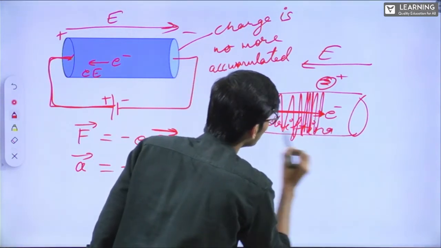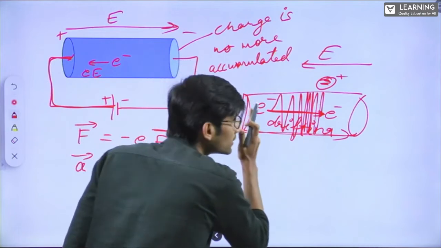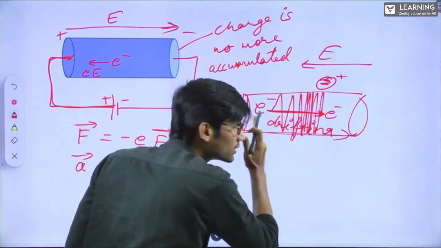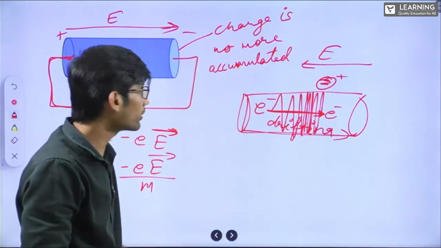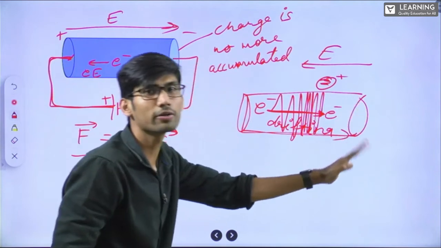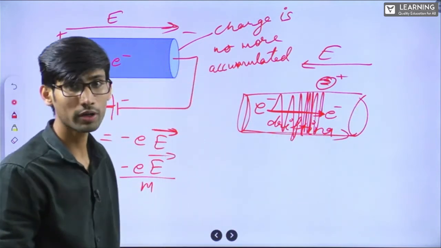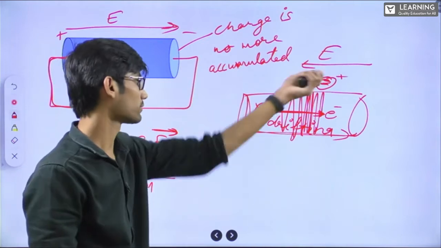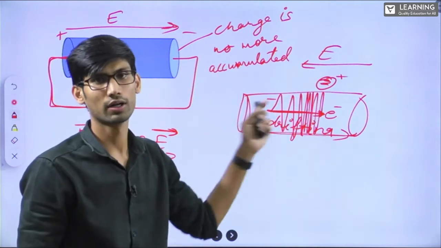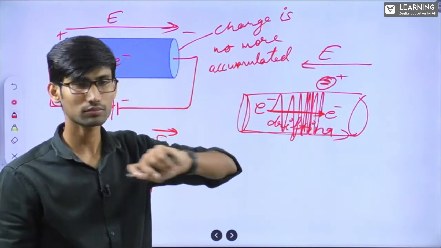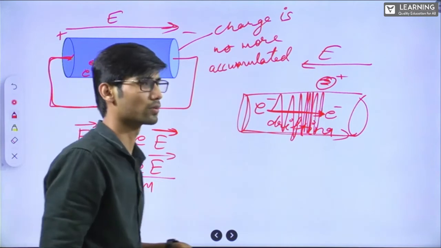I want to see in this direction how they are moving. They'll do like this and drift a bit. So if I see this displacement per unit time, it is coming as constant, that is drift velocity. Okay, drift velocity is the average velocity of all the electrons. I hope it is clear. All right. If you want, you can write it down.